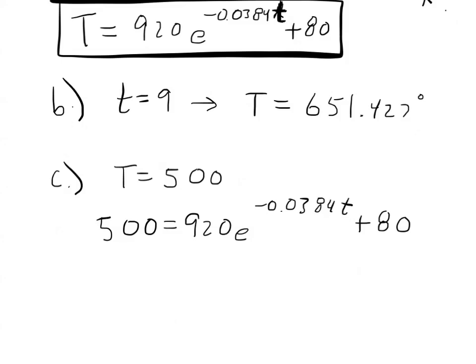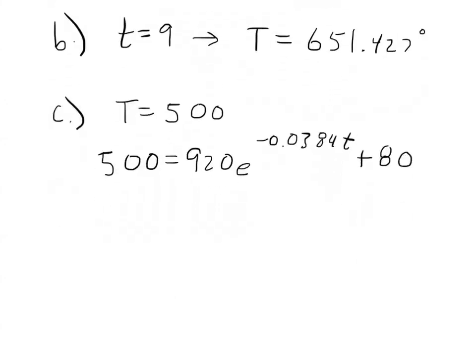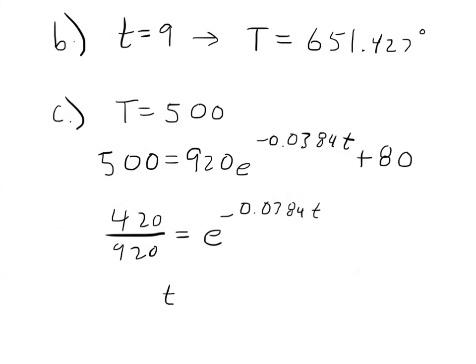I'm going to subtract 80, divide by 920. We'll end up with 420 over 920 equals e to the negative 0.0384 t. Again, we're going to do the natural log trick, and you'll have to divide by this. The time at which this happens is going to be 20.443 minutes. So after about 20 and a half minutes, we'll reach this temperature.